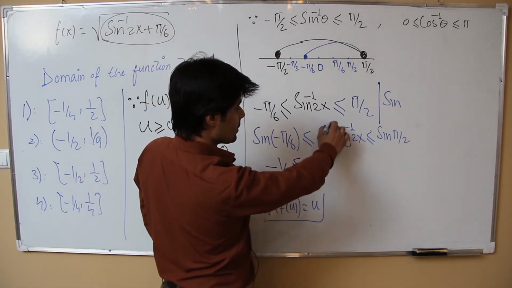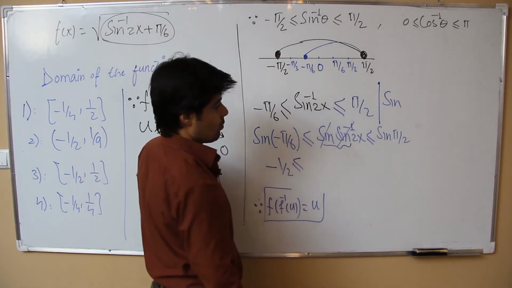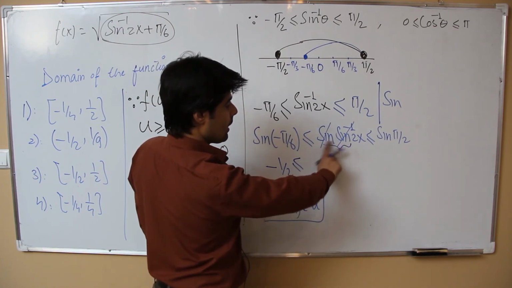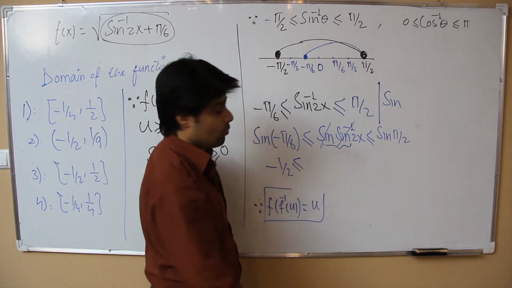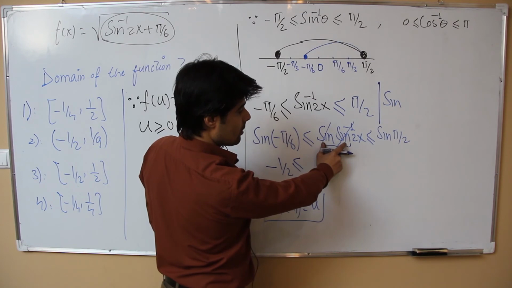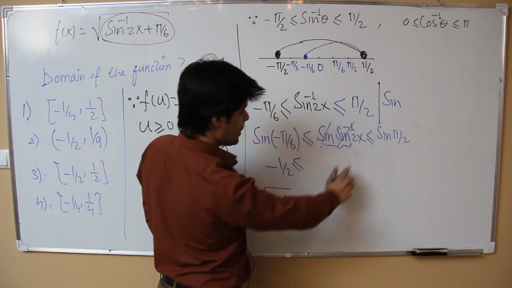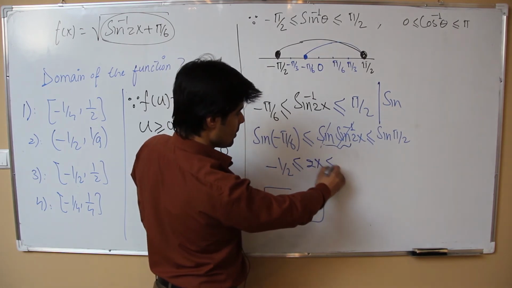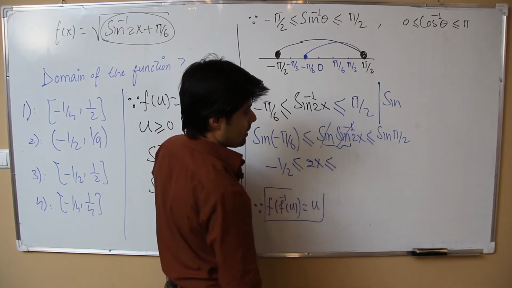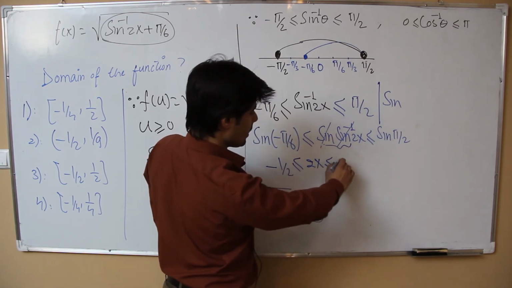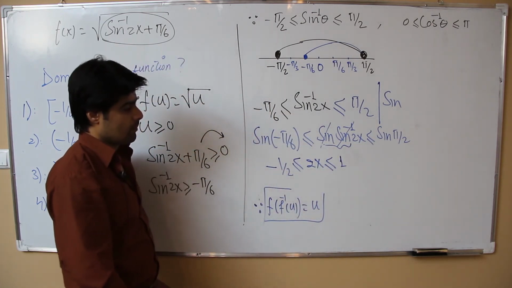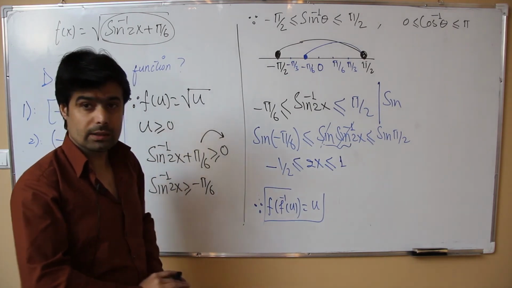In here, sine with sine minus 1, they are inverse of each other. We can cancel each other. Now the value is u. What is u? It is 2x, smaller than 1. What is sine of 90? It is 1.